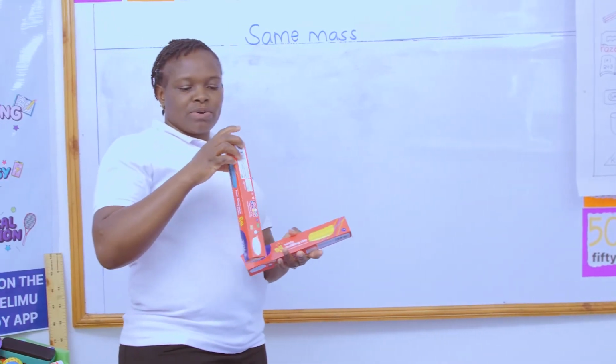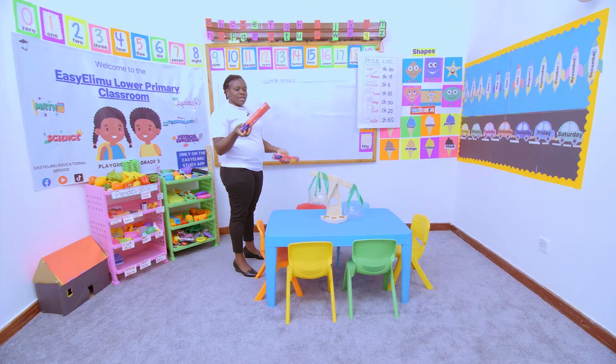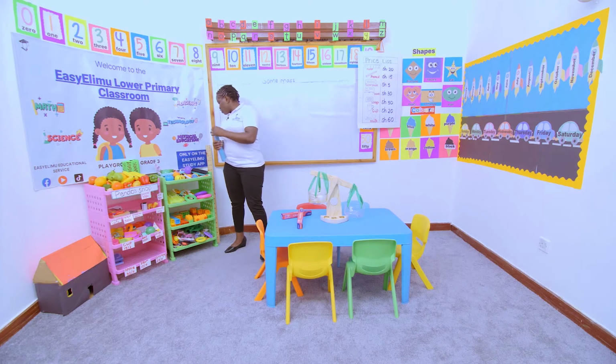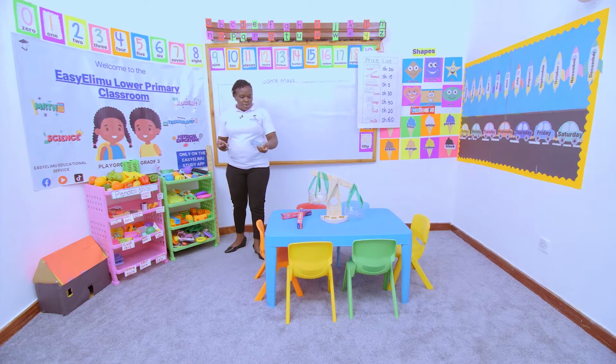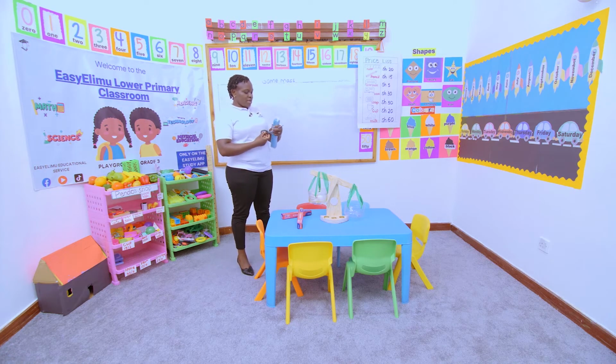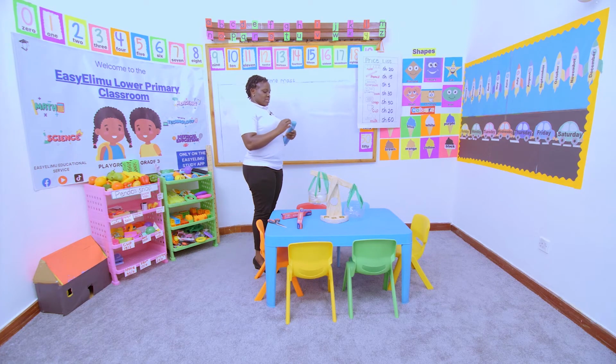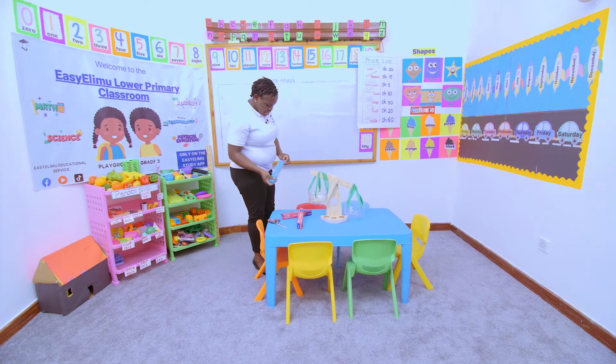But now I want to remove one of them and make a different shape. One will remain in the original shape and the other one will change the shape. Let's see. This one, I want to change the shape into a different shape. And see, will it really still balance or will the other one be heavier? So that we can say maybe shape affects how something weighs.